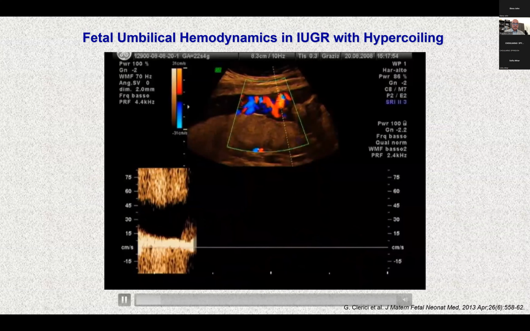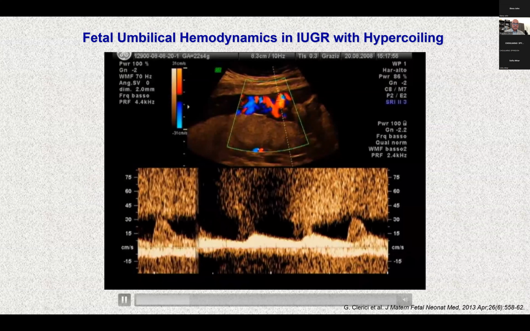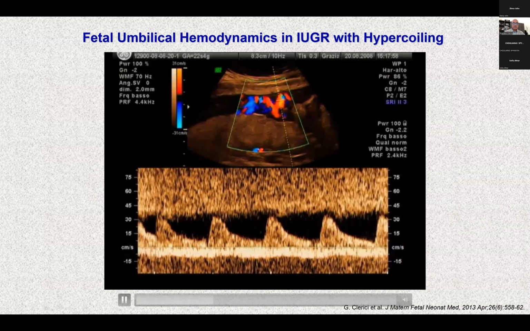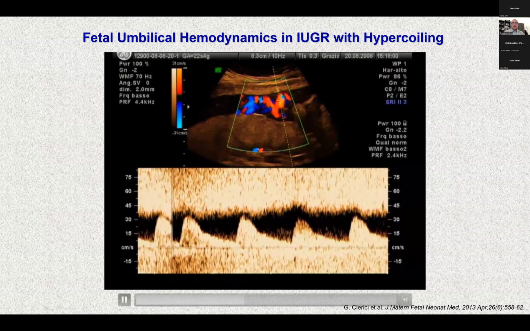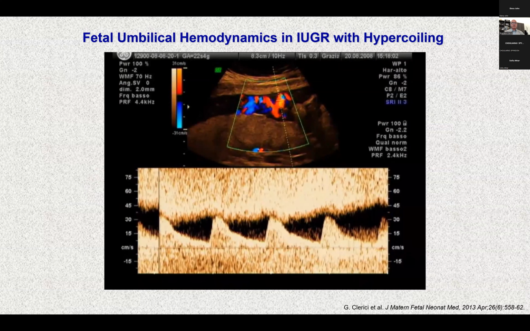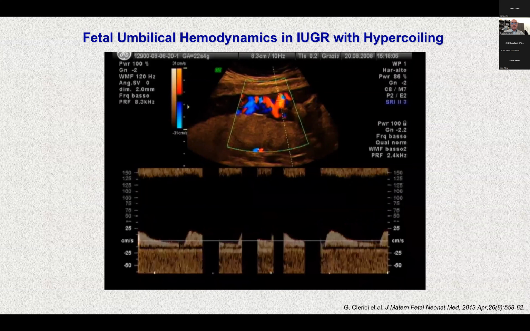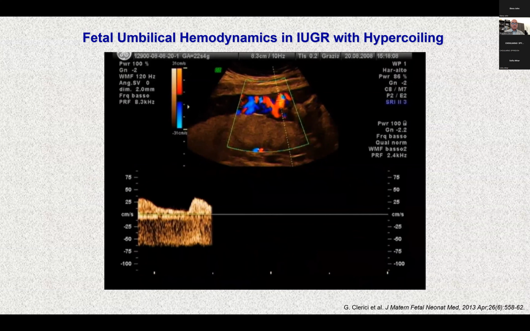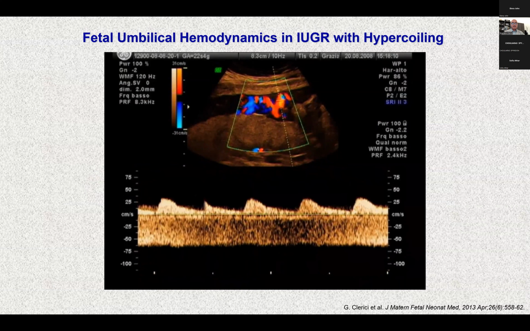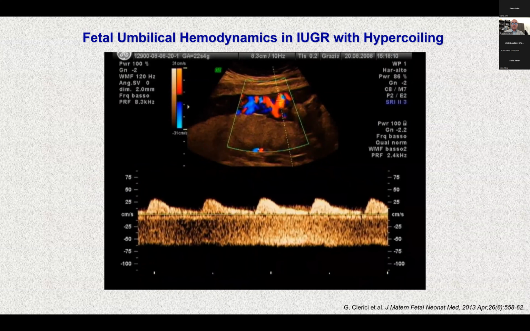And I was checking here in this segment of the umbilical cord a very atypical situation with the velocity in the umbilical vein that was 3 times higher than the peak velocity in the umbilical artery.